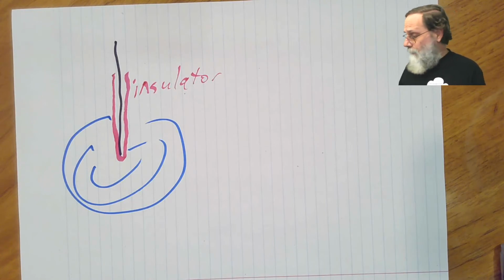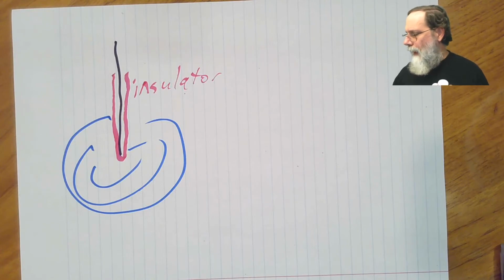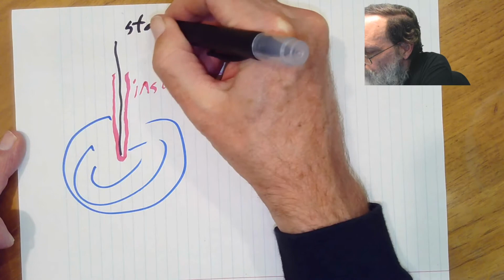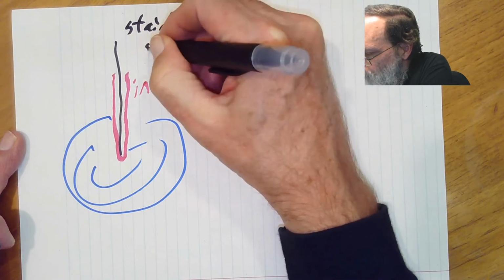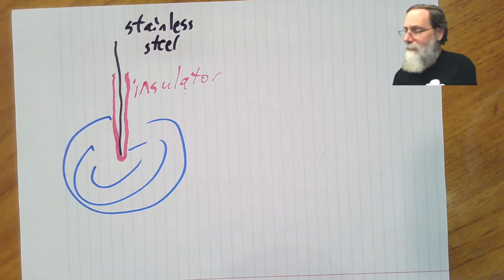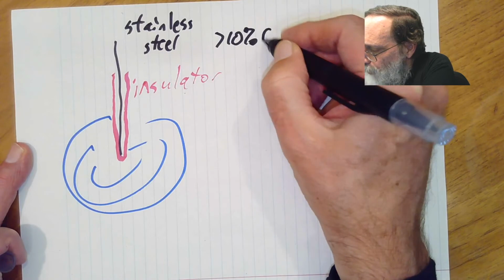What this does is it means we don't have direct electrochemical reactions happening at the surface of the wire. A good example of this is stainless steel. What is stainless steel? It's basically any steel that has at least 10% chromium in it.